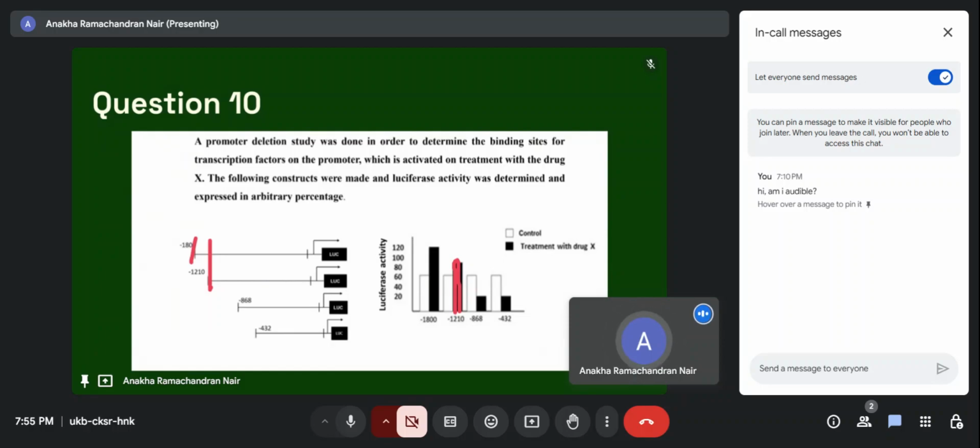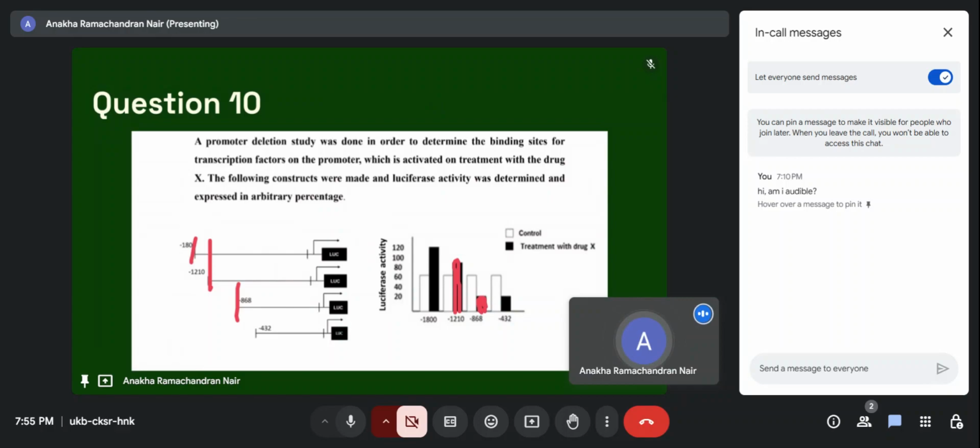Then option D was the region between 1200 and 868 also contained the activation site, right? Once you delete the area from 1210 to 868, you see an even greater decrease in the amount of luciferase activity, right?